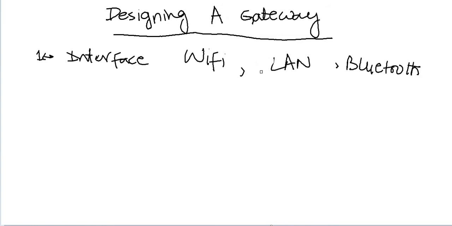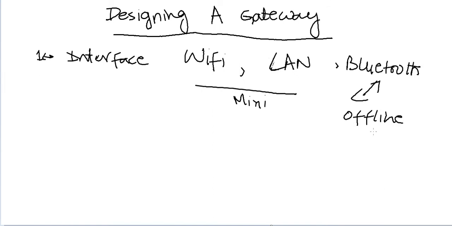So with LAN and Wi-Fi options in it, it should be able to easily connect to the local area network. This should be the minimum at least required. With Bluetooth, for example, we have the advantage of offline connection.